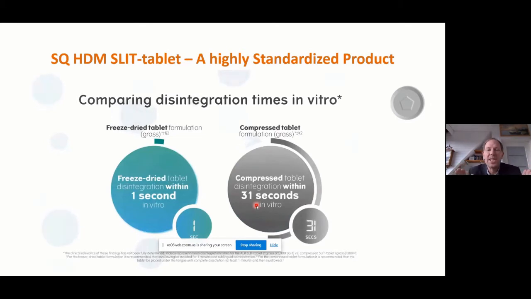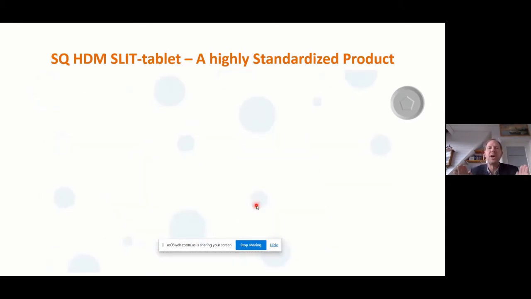And why is this clinically relevant? This is clinically relevant because if you have a very fast dissolution of this tablet, this means you have a very fast release of the allergen, meaning you have a very strong allergen concentration, and this concentration gradient facilitates the allergen absorption through the oral mucosa.